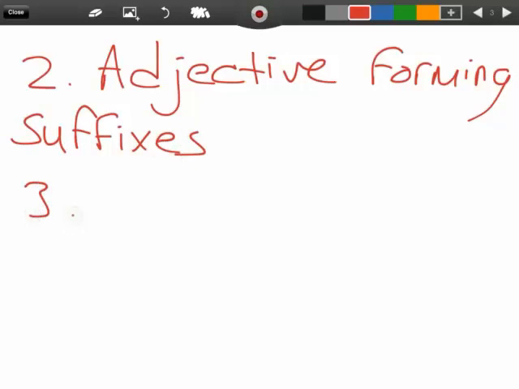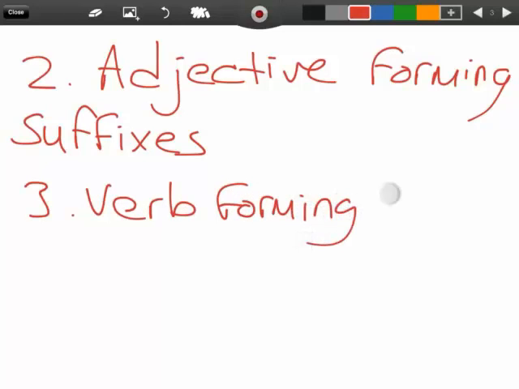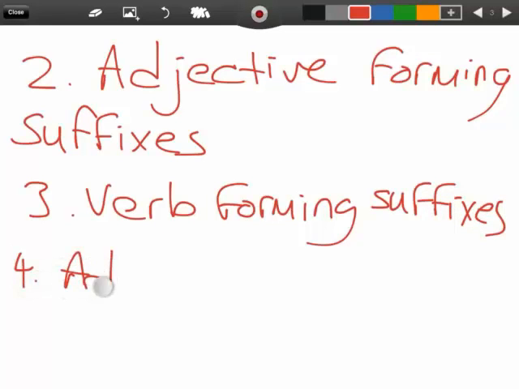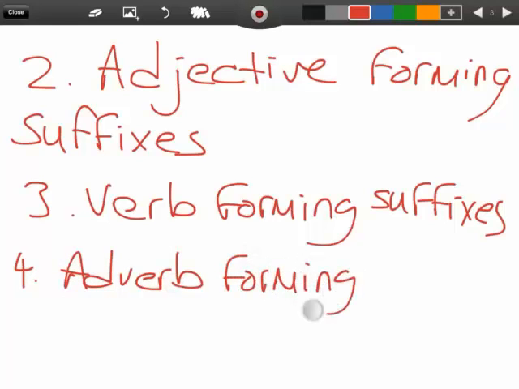The third one is verb forming suffixes. And the fourth one is adverb forming suffixes.